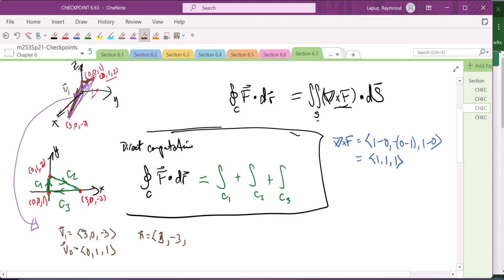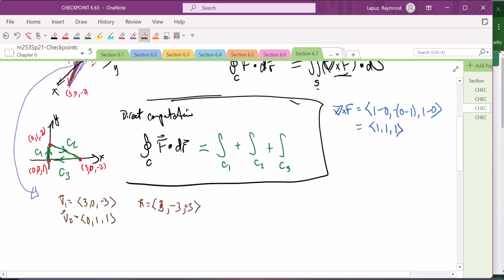And then 3 minus 0, so the 3. I think it might be better for us, just for the sake of computation, to scale this, because we just want the direction of this. The magnitude is not going to make a difference. So let's use this to be our normal vector.